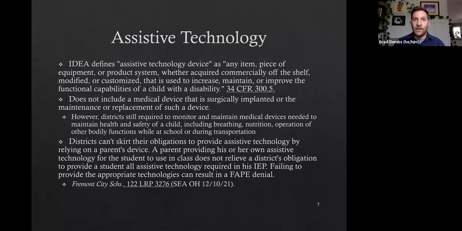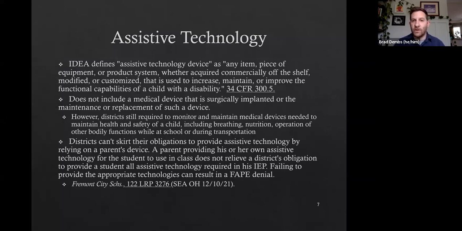And again, same concept as before regarding nursing services or administration of medication. A school district can't rely on the parents to provide an assistive technology device.